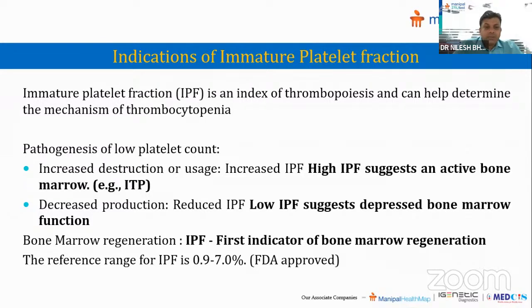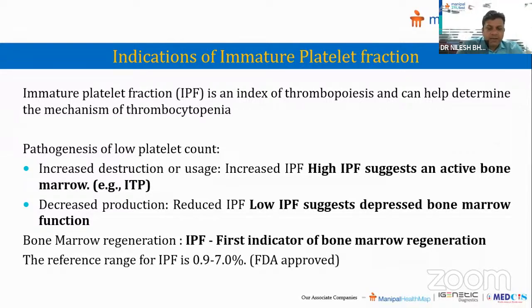In that condition, the marrow is hypoplastic, so the immature platelet fraction is usually on the lower side. In that way, by looking at the value of the IPF, we can determine the exact mechanism of thrombocytopenia. So IPF is also the first indicator of marrow regeneration.